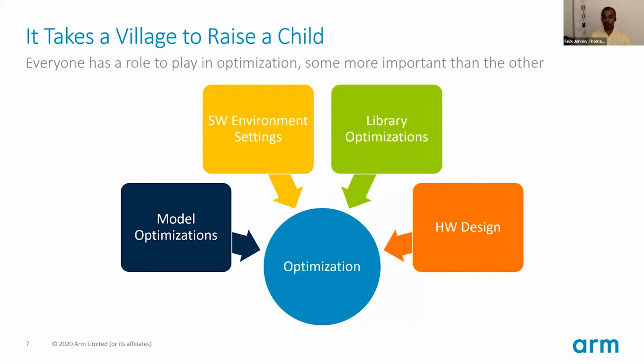In this section, we'll not be discussing the hardware design aspects, as most of the hardware design aspects related to optimization are quite similar to the aspects involved in NPU design. That is something which my colleague Thomas will take up in the next session. So the focus today will be on the other 3 aspects, which are model, software environment, and library optimization.